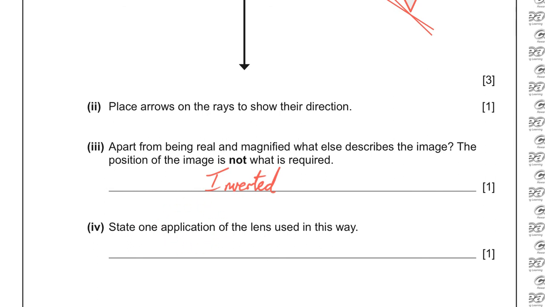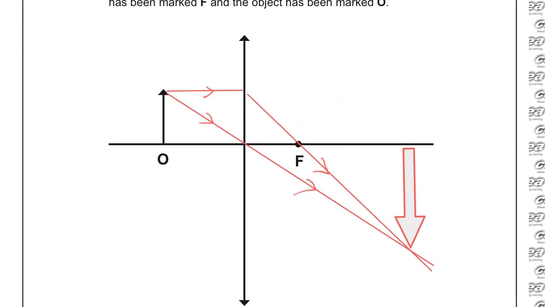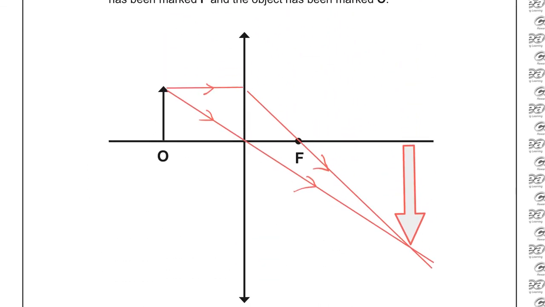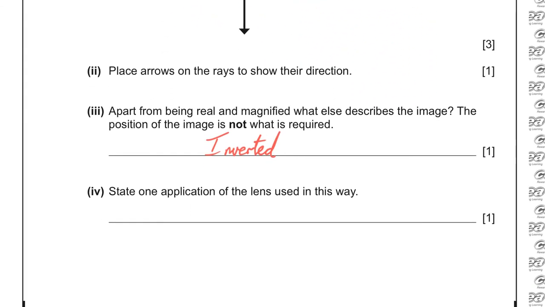So the photographic enlarger would be an example, but the most obvious one would be something like the projector. So we're making a big version of something that was smaller, and that's what happens when you project onto a big screen. And that, as they say, is that.